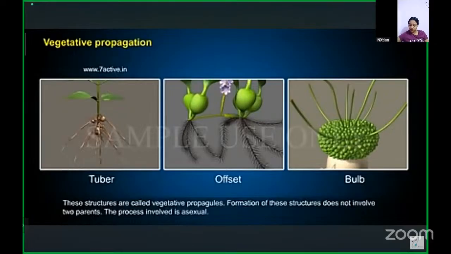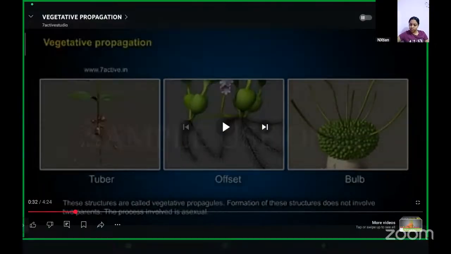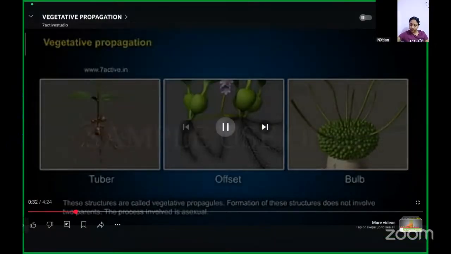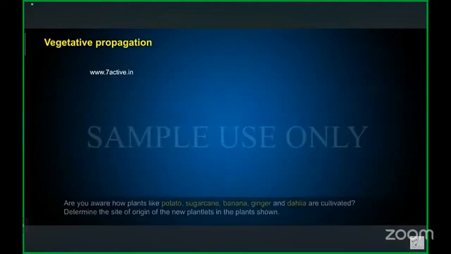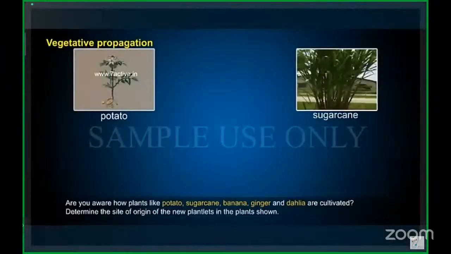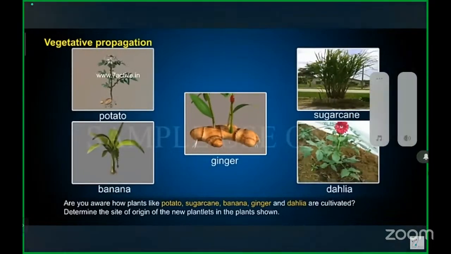Formation of these structures does not involve two parents. The process involved is asexual.